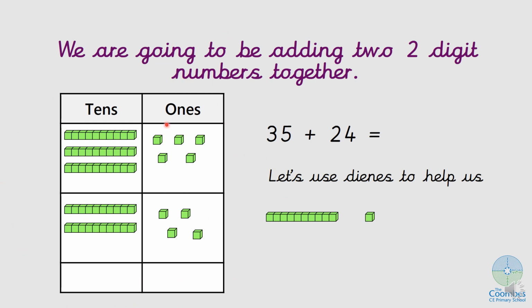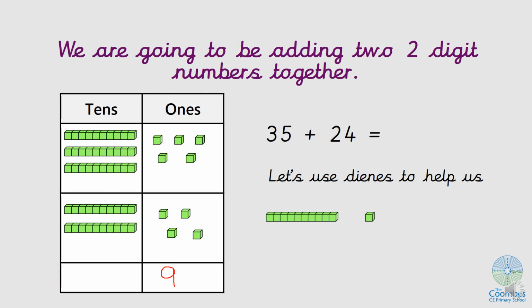So we always start with our ones. Let's count them. 1, 2, 3, 4, 5, 6, 7, 8, 9. We have 9 ones, so let's write that in. And let's count our tens. 10, 20, 30, 40, 50.